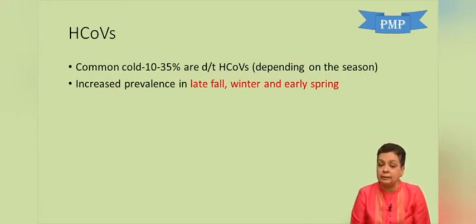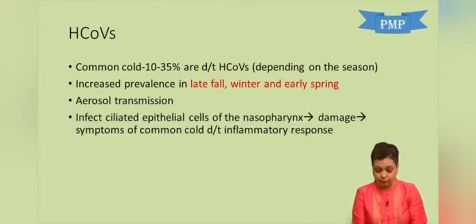Human coronaviruses cause common colds. 10 to 35% of common colds are due to human coronaviruses, depending upon the season. Increased prevalence is seen in late fall, winter and early spring.